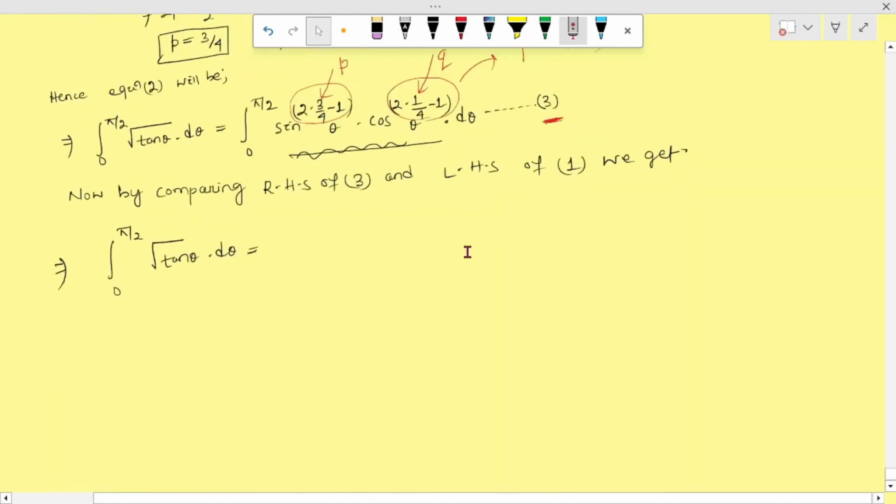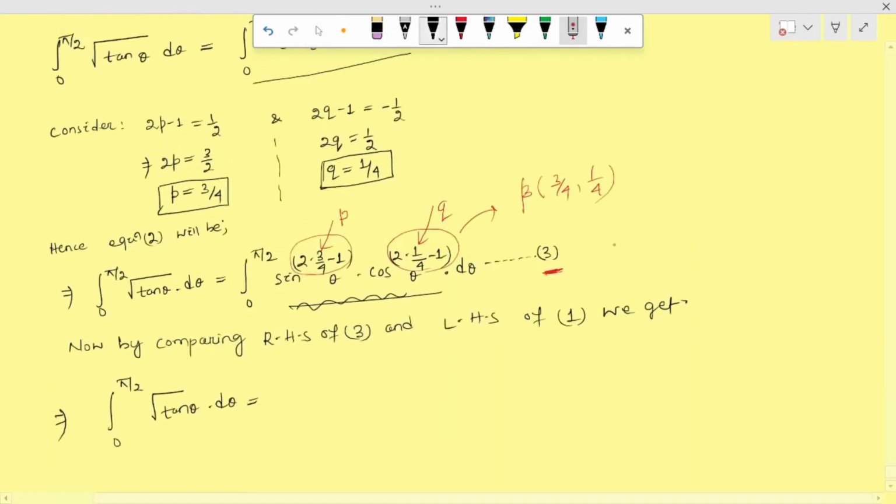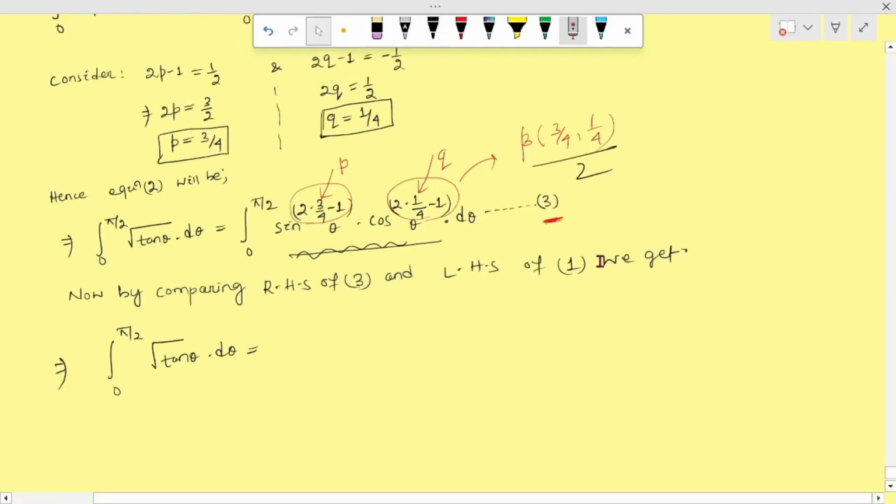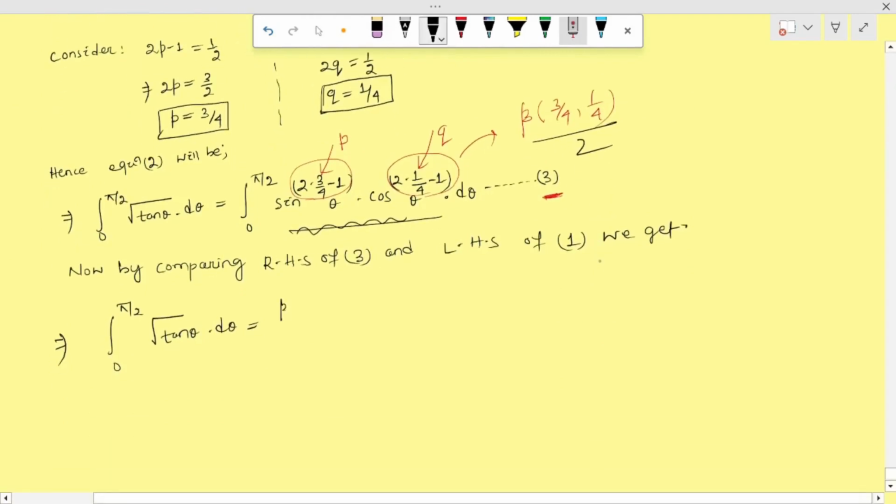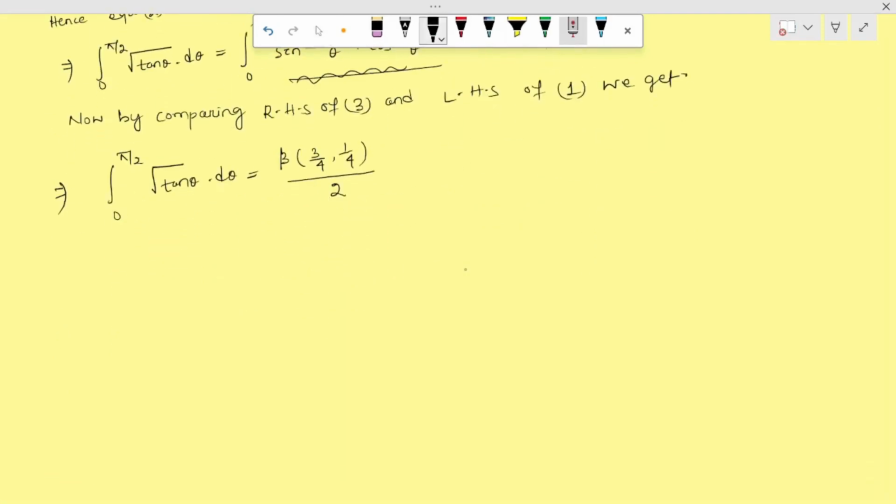So this integral value will be this much by 2 also. This will be beta 3/4, 1/4 by 2. Now we are going to simplify it.